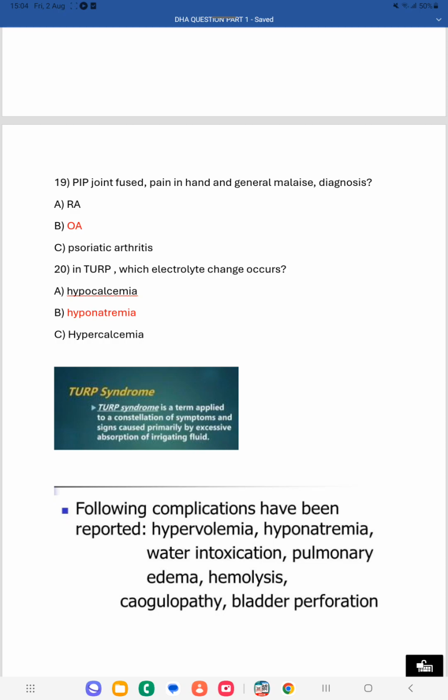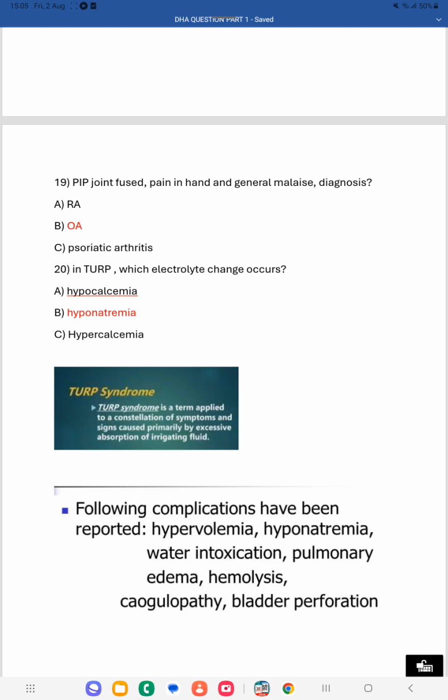While doing that scraping out, excessive fluid will get absorbed into the body, which results in water intoxication. That is called TURP syndrome. TURP syndrome is the term applied to the constellation of symptoms and signs caused primarily by excessive absorption of irrigating fluid. While doing this operation, too much fluid will get into the body.